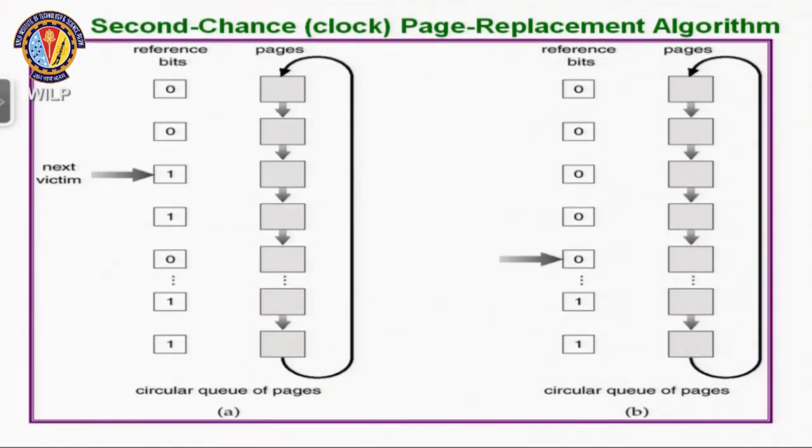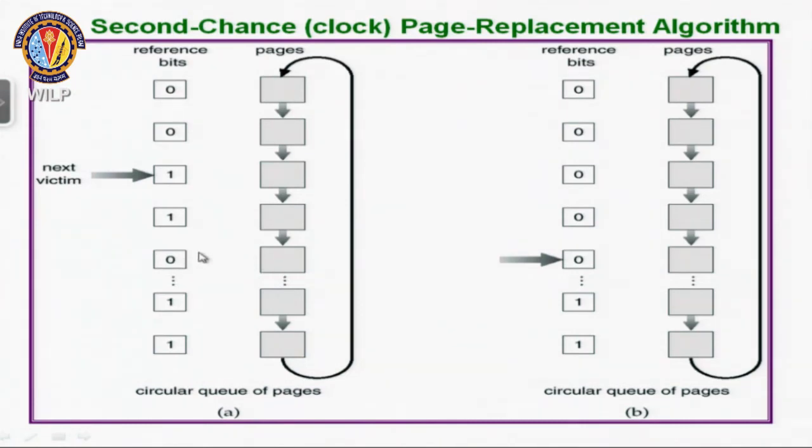But in addition to this, an enhancement was proposed to the second chance algorithm, where an additional bit, one extra bit, is used.